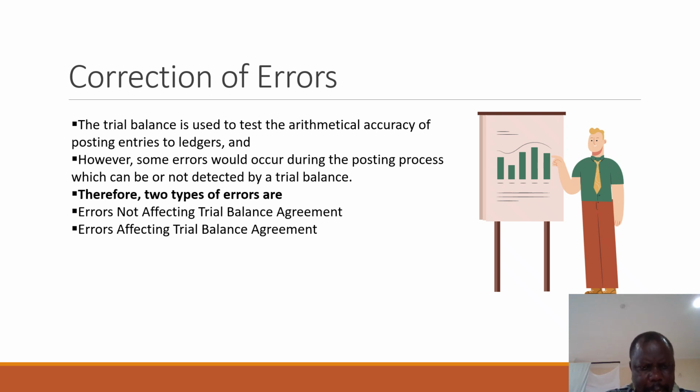And we are taking ledger balances to the trial balance. However, some errors may occur during the posting process, which can be detected, or sometimes not detected, by the trial balance. So therefore, we have two kinds of error.